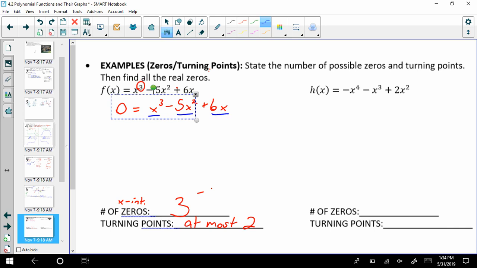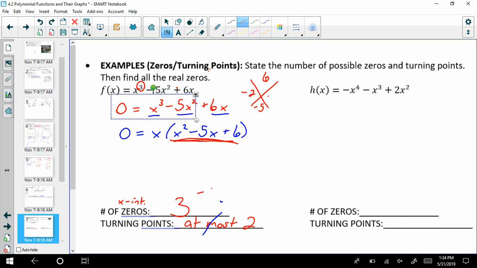What can I take out of all 3? An x. So we're going to take a greatest common factor out of x. And now I'm going to factor this guy further. So I want to multiply to 6 and add to -5. What two numbers do that? Should be a -2 and a -3.